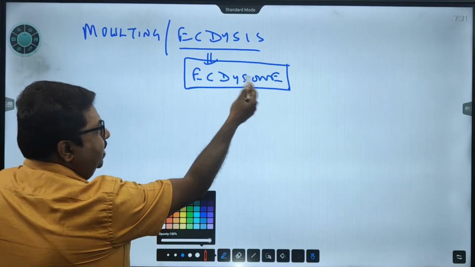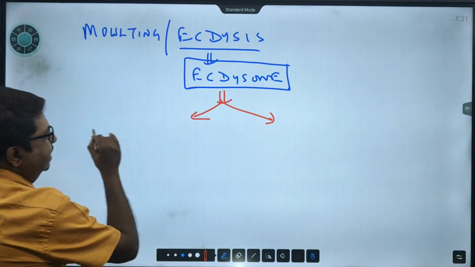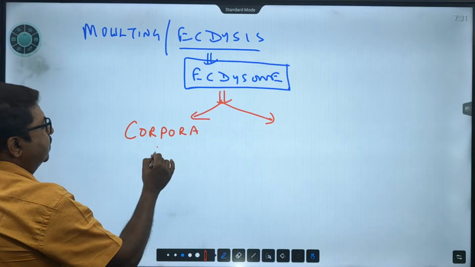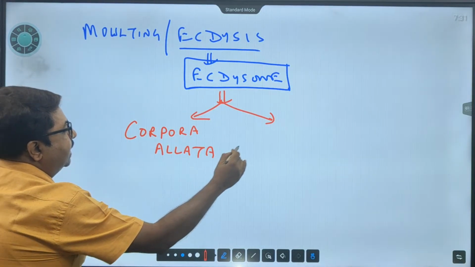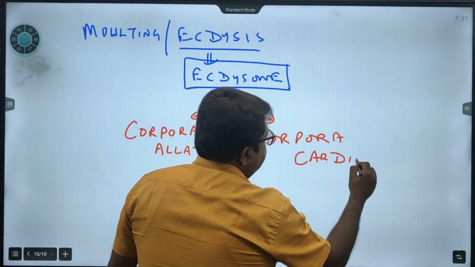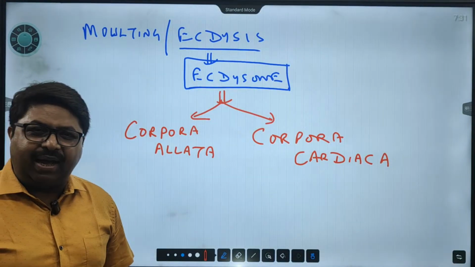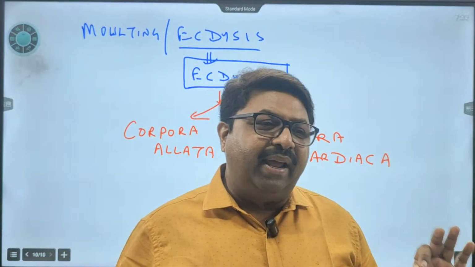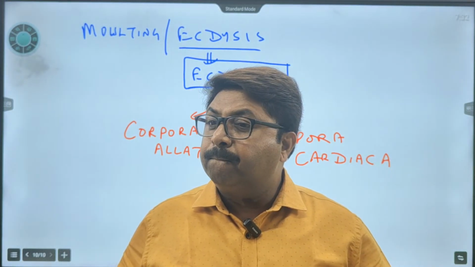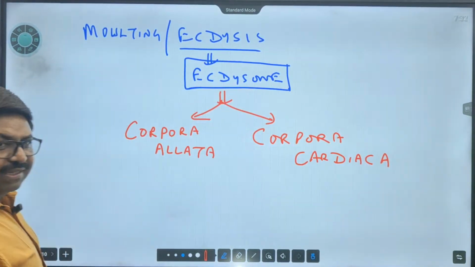Ecdysis is done by a hormone called ecdysone, and ecdysone is produced by two parts of the brain region called corpora allata and corpora cardiaca. The two regions of the brain wherefrom ecdysone hormone is secreted, which helps in ecdysis or molting. Is this clear?